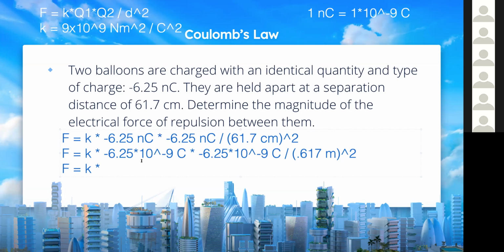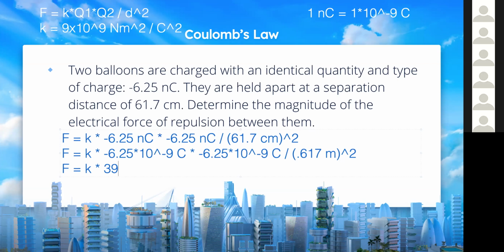Does nobody have negative 6.25 times negative 6.25? Awesome.